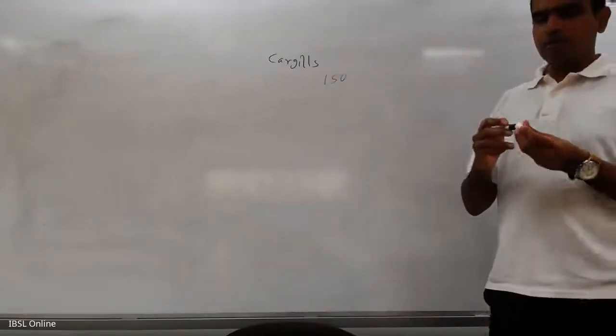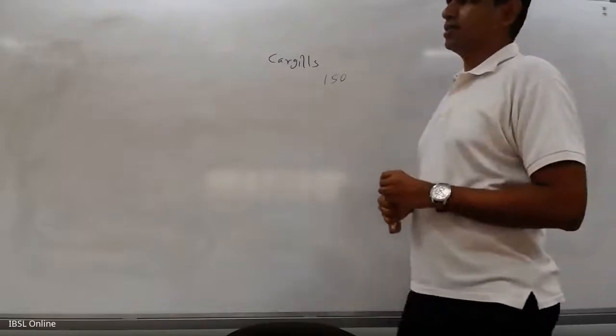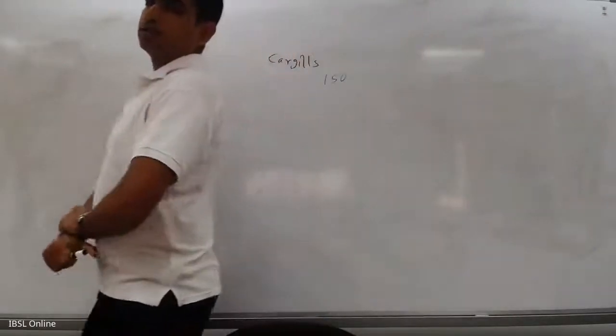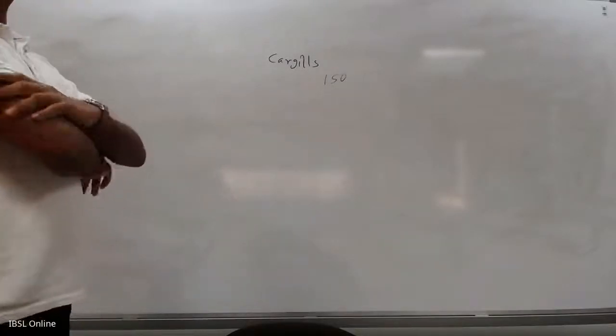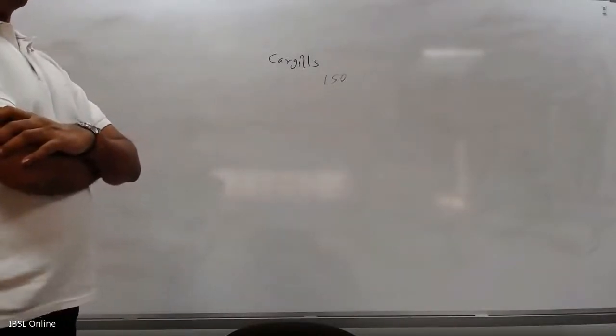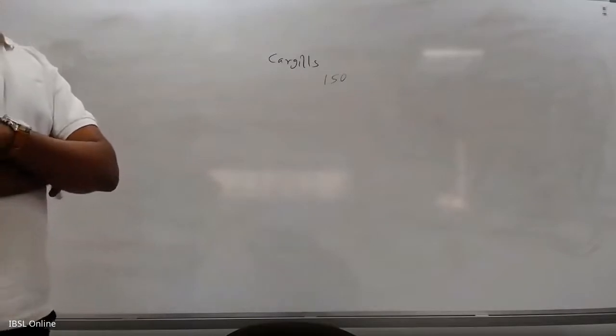Then if you have a mango plantation, a plantation of mangoes, you grow mangoes, and you want to sell your mangoes to Cargill's. Again, who will decide on the price? Will it be you or Cargill's?